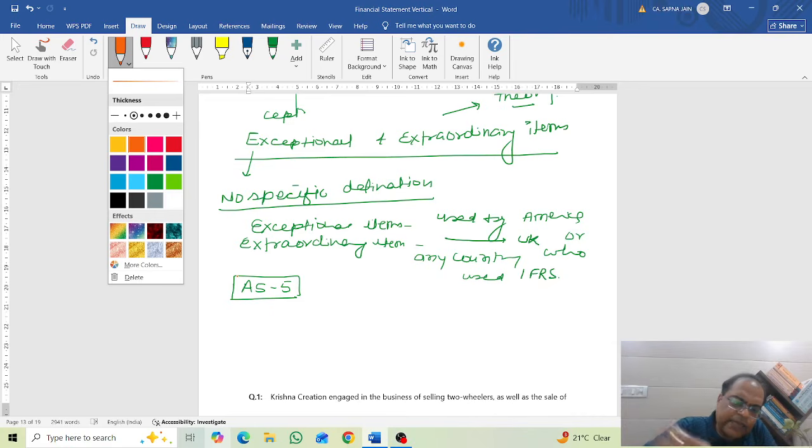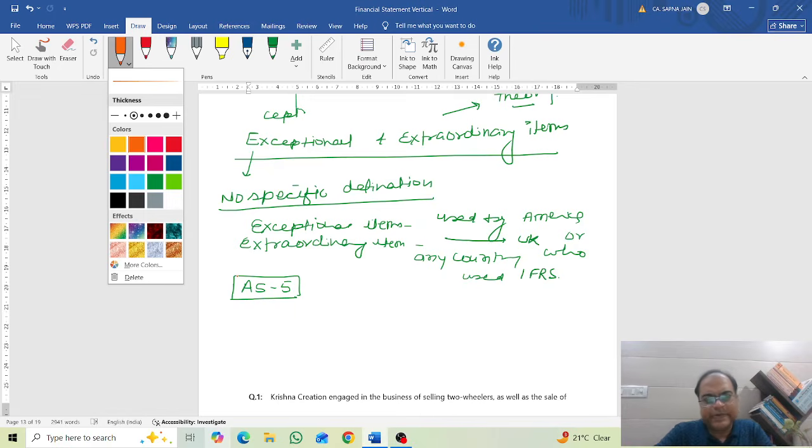So at the time of preparation of financial statements, we consider that the items written in AS5 will be the exceptional and extraordinary items. This is just an assumption.